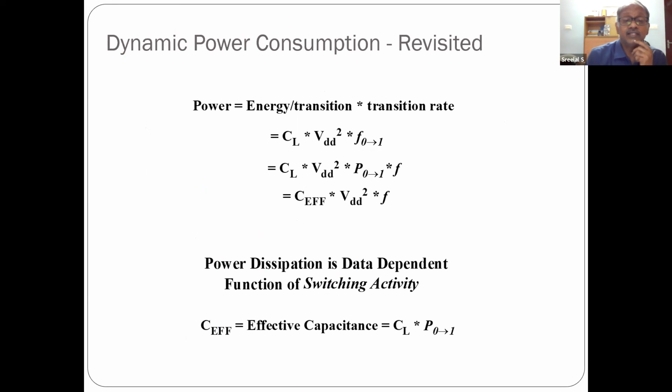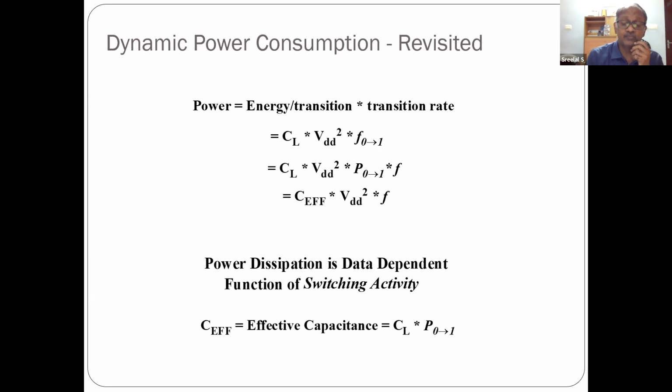So the dynamic power consumption, if you revisit, the quantitative formulation is CL into VDD square into F 0 to 1. That is the frequency at which the transition from 0 to 1 occurs, which is CL into VDD square into P 0 to 1 into F, which can be written as C effective into VDD square into F. So power dissipation is a data dependent function of switching activity.